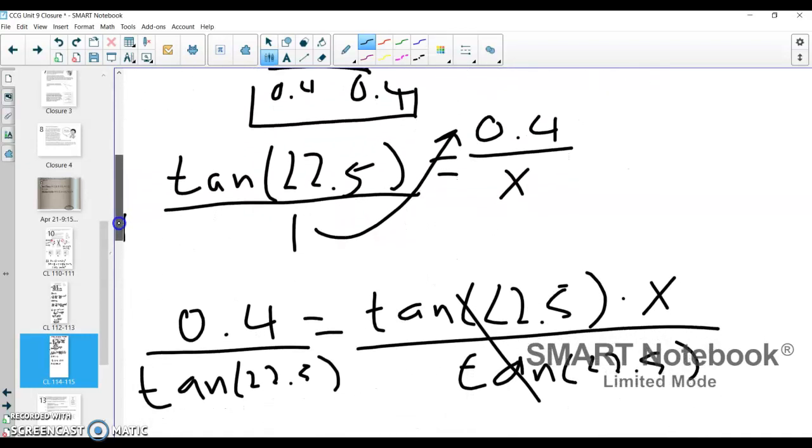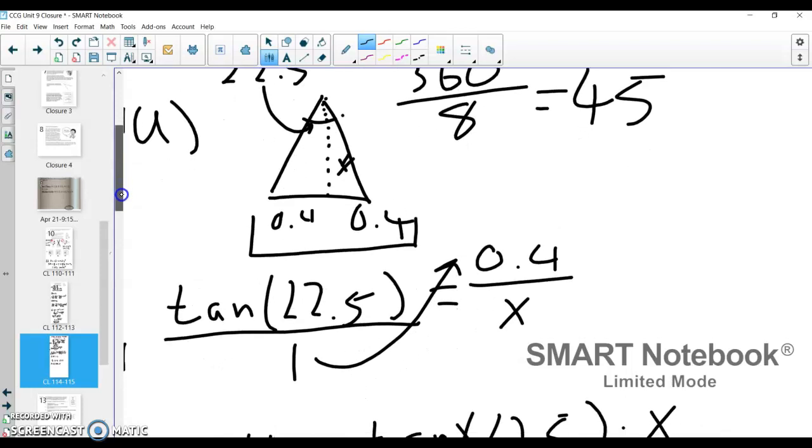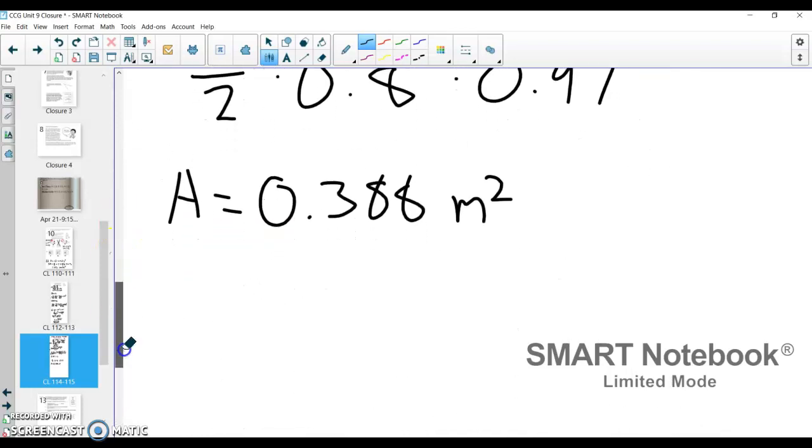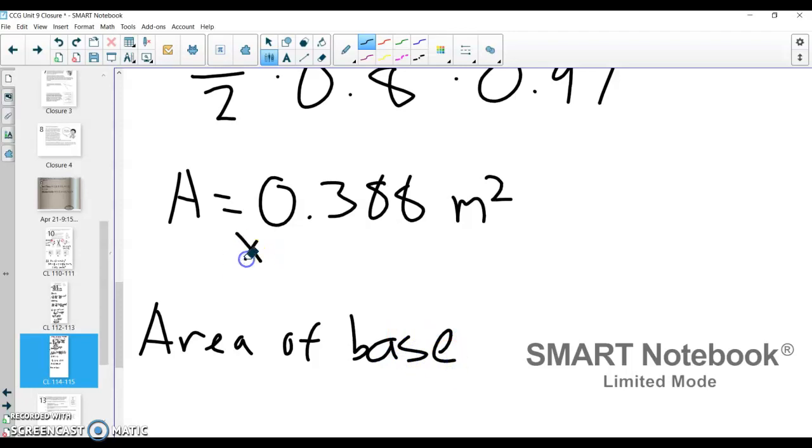I know that this shape is made up of 8 of those triangles, and so to find the area of the base, the octagon, I need to multiply this answer here by 8.